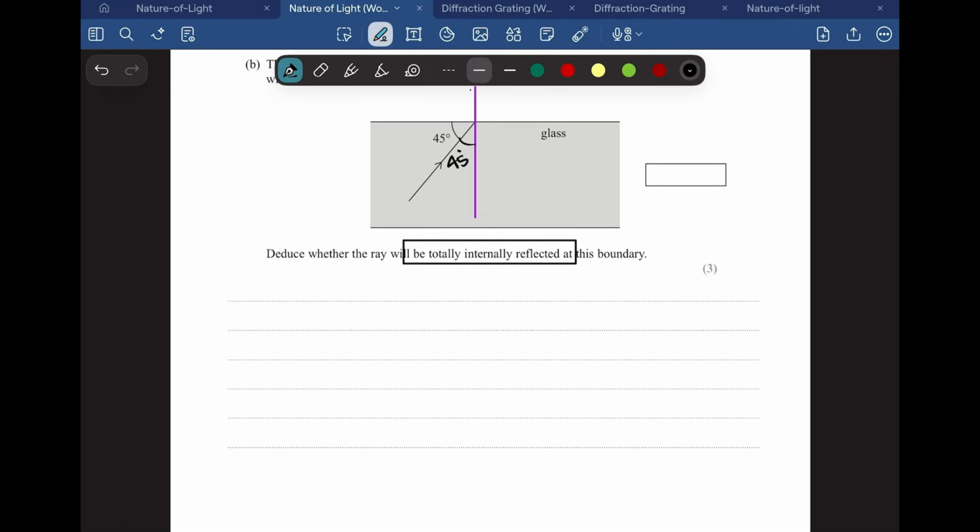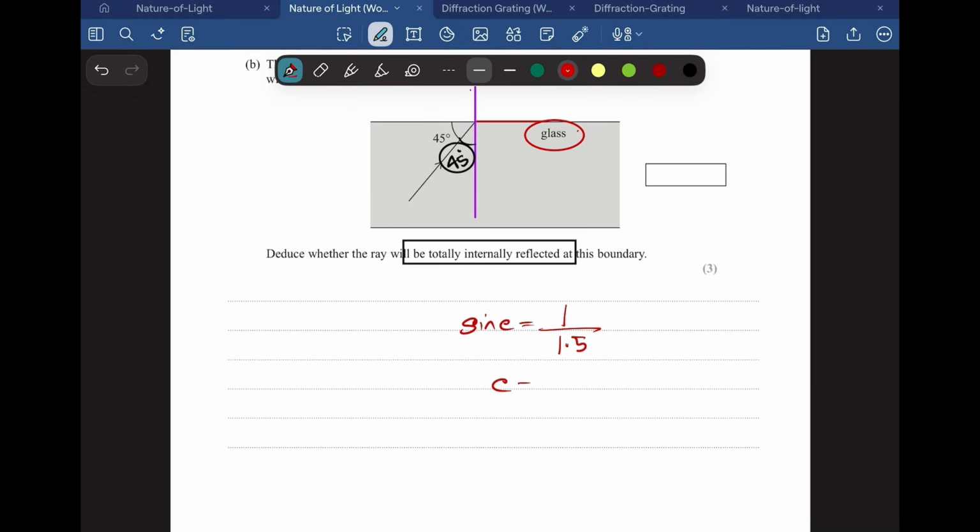For it to be totally internally reflected, the angle of incidence should be greater than the critical angle. We know the angle of incidence is 45 degrees. We can figure out the critical angle, and we know that at the critical angle, the angle of refraction is 90 degrees, perpendicular to the normal. So we can write sine c equals 1 divided by 1.5, as we know the refractive index of the glass is 1.5.